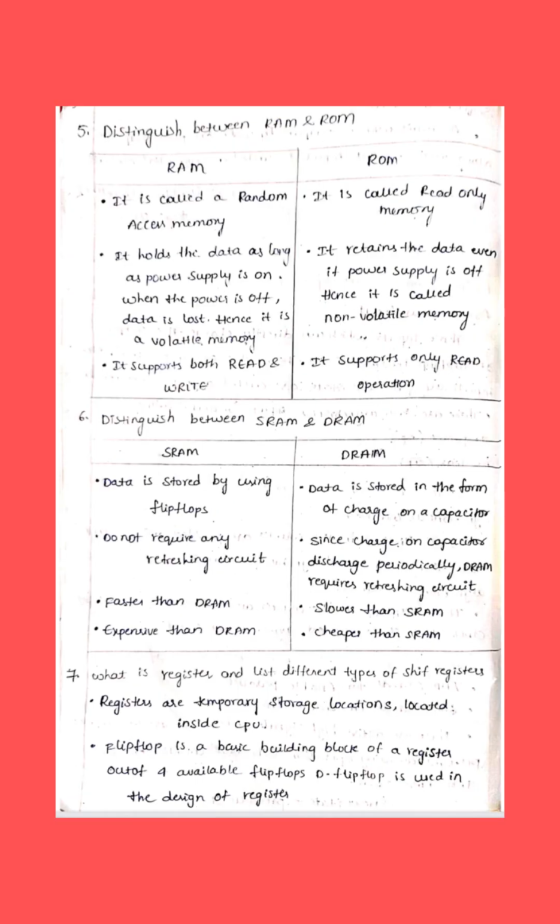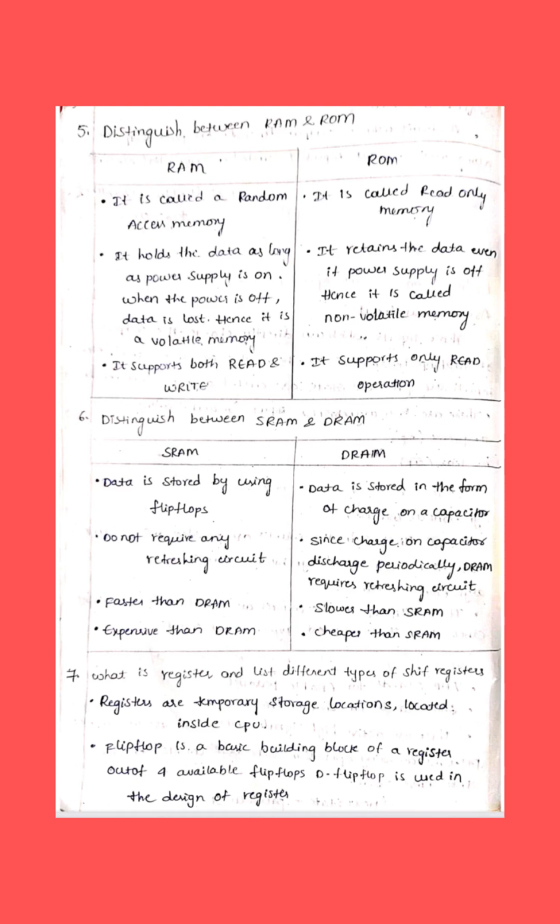Then coming to the fifth question: distinguish between RAM and ROM. RAM is random access memory and ROM is read only memory. RAM holds data as long as the power supply is on, and when the power is off, data is lost; therefore it is called volatile memory.